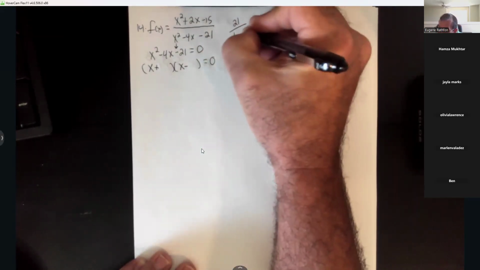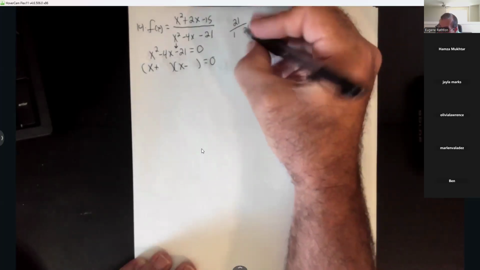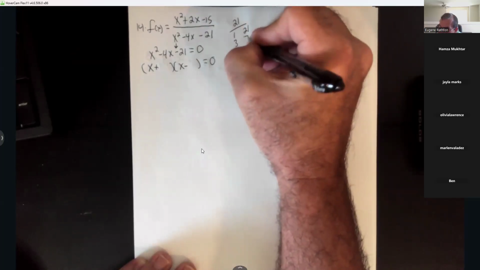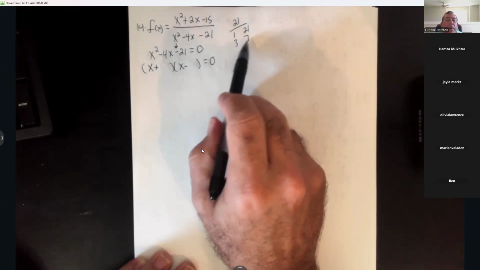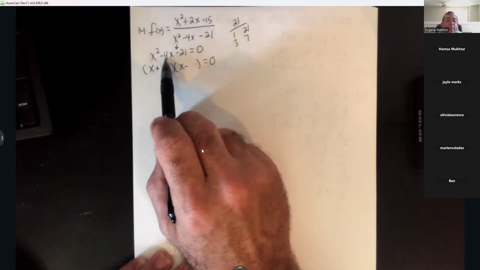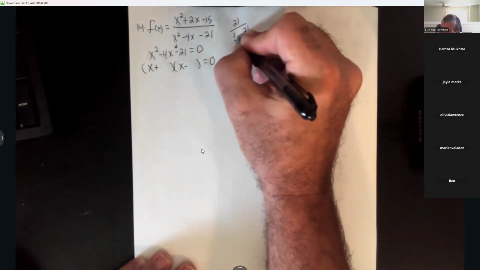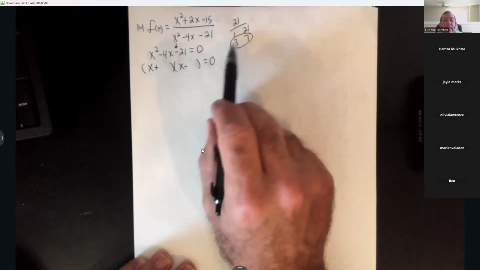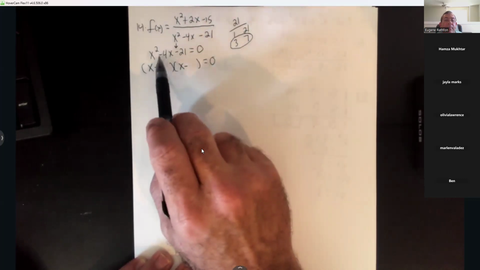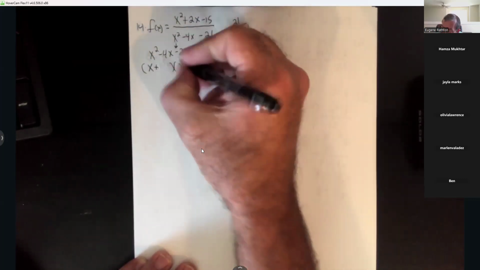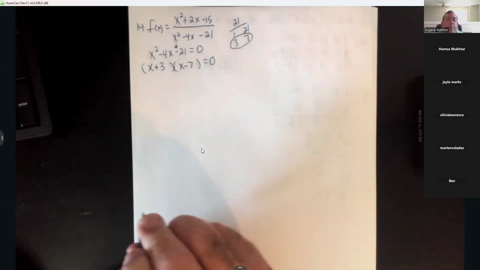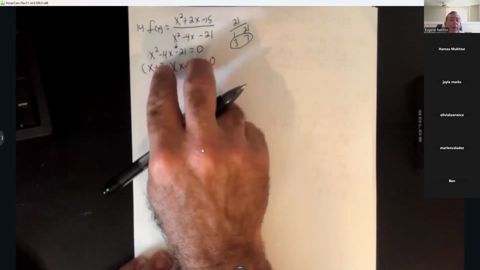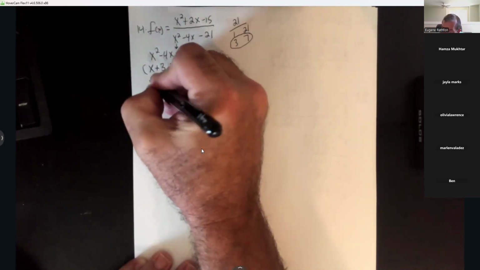So that'd be what? 1 and 21, 3 and 7. One pair of these factors will subtract and give me a 4, and that's going to be the 7 and 3. Now remember, when you got unlike signs, the larger number has the same sign as the middle number. So y'all, the 7 is negative, and the 3 would be positive. All right, to finish it off, set both these equal to 0.